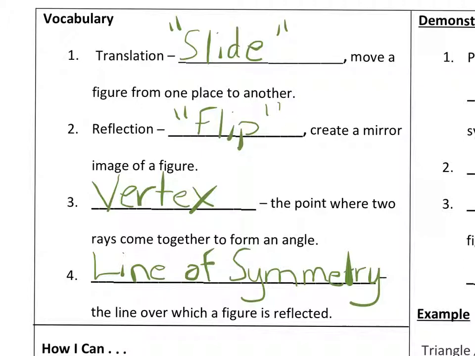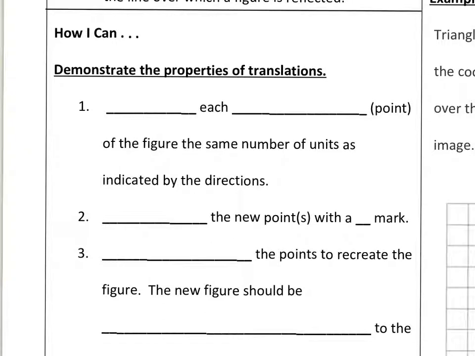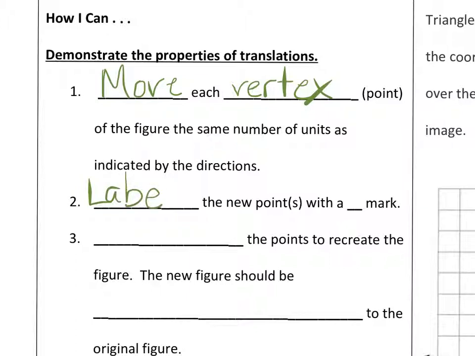So let's go ahead and look at an example of a translation. Talk about how we can translate a figure. The first thing we're going to do when we're translating a figure is move each vertex or each point the same number of units as indicated by the directions. And we're going to label those new points with a little mark that's called a prime mark.